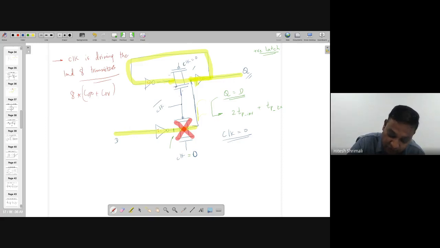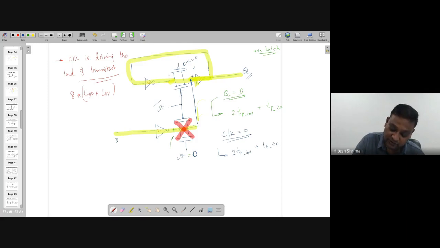At that time, the data which was here, look at this, in this loop, again, there are 2 propagation delays from inverters plus TP of transmission gate. It's going to give me the output, right?